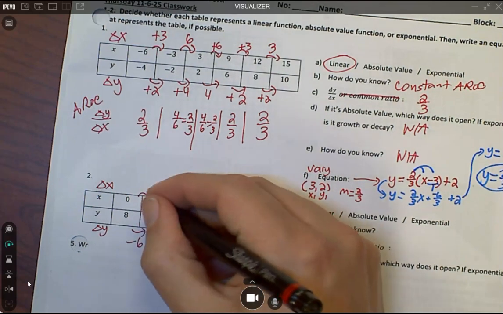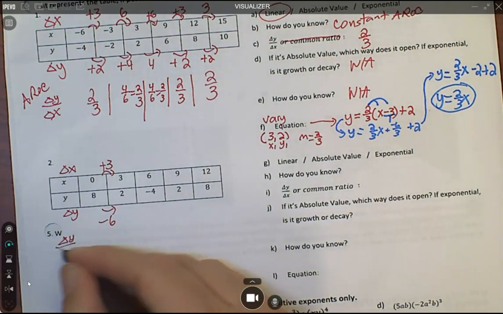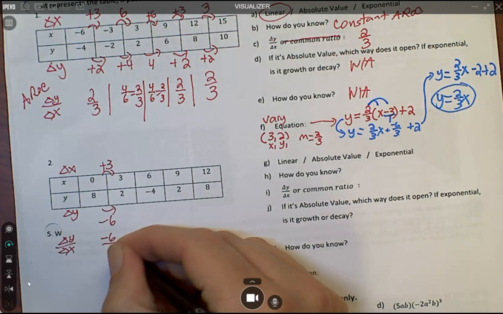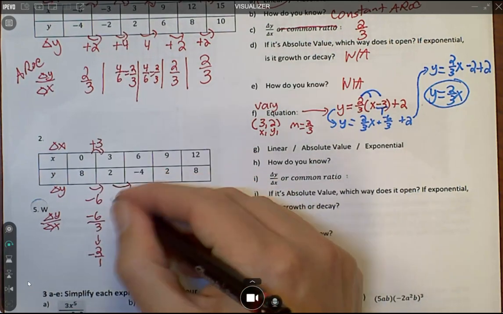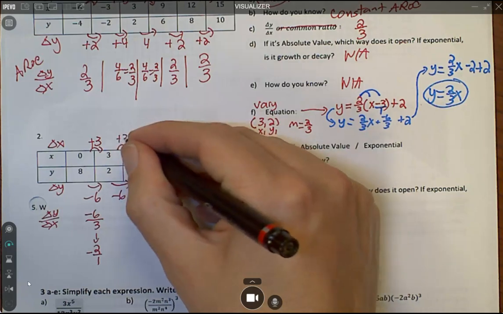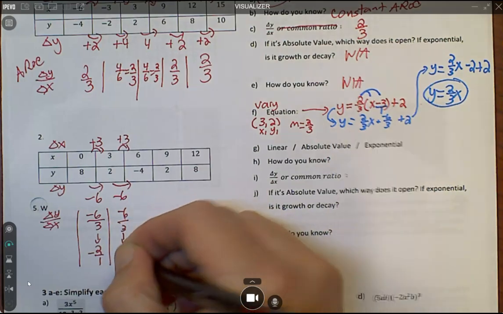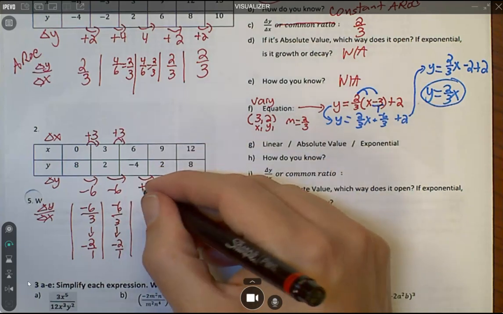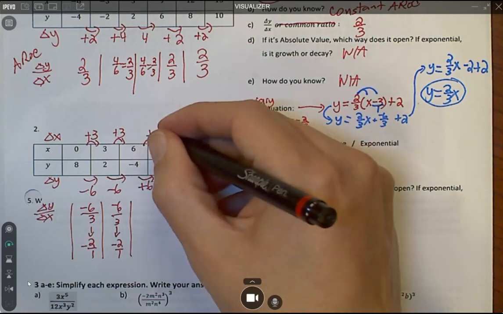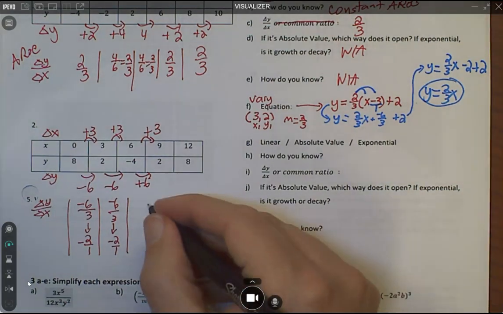Down 6, up 3. Slope always has to be simplified. That simplifies to -2 over 1. Down 6, up 3. Okay, that's up 6 now. Okay, that's where it changed direction. So here it switches to positive 2 over 1.